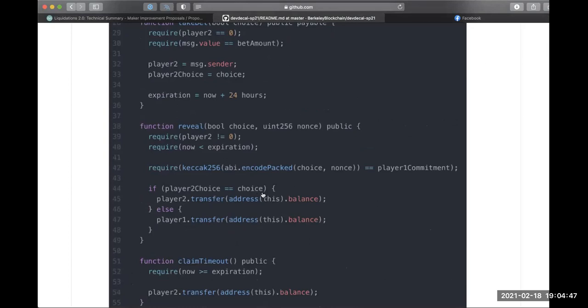So then player one dot transfer, address, yeah, address this. Interesting, because okay, never mind. I'm wrong.